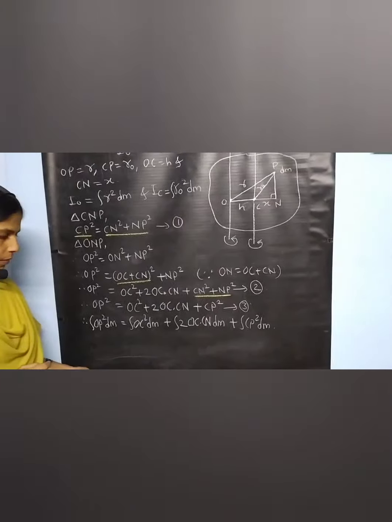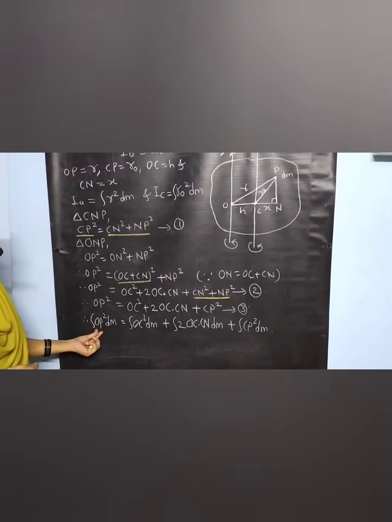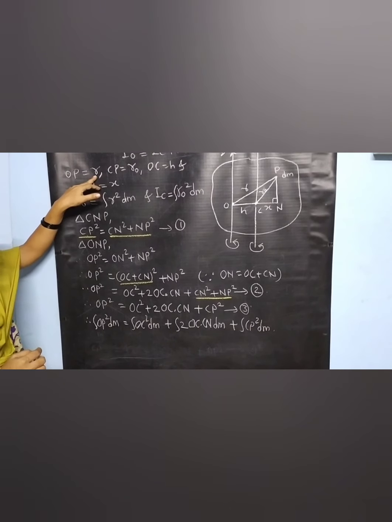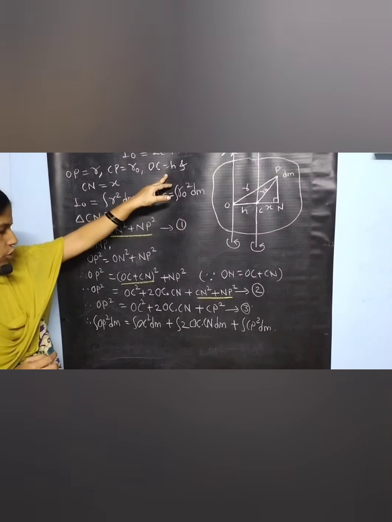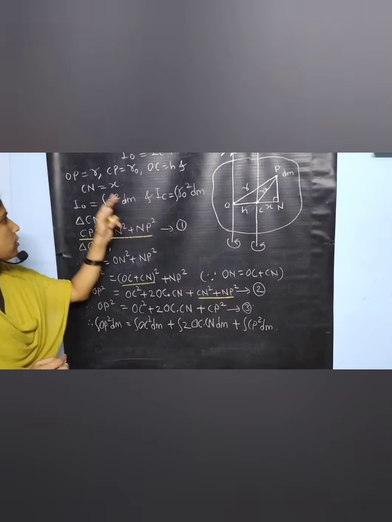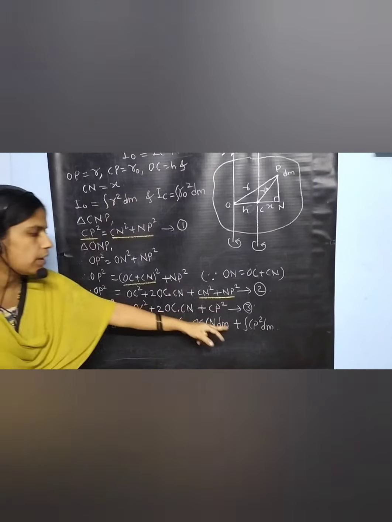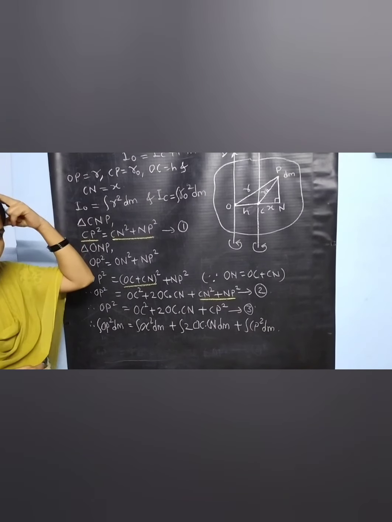But we know that OP is equal to R, OC is equal to H, CN is equal to X, and CP is equal to R0.